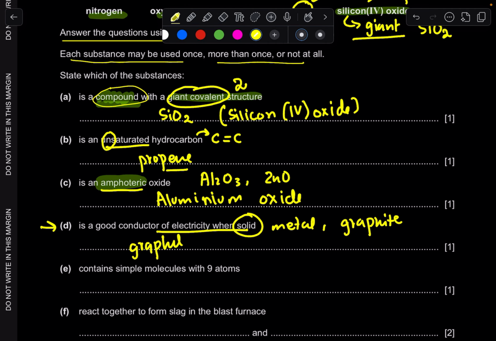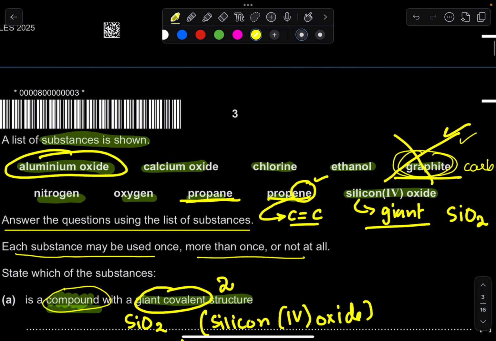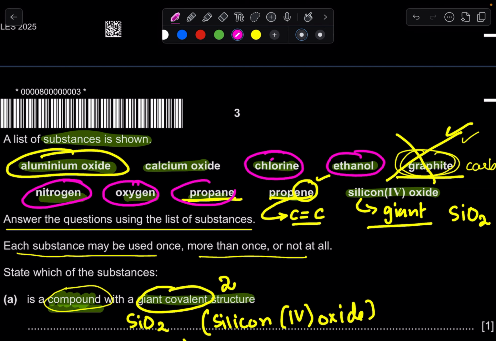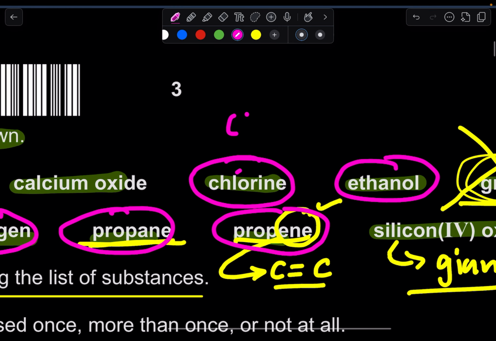Okay, contains a simple molecule with 9 atoms. Firstly we have to figure out simple molecules and then we have to find those that have 9 atoms. Chlorine is a simple molecule, ethanol is a simple molecule, then nitrogen is simple, oxygen is simple, propane is simple, and propene is simple. Okay, so the chlorine formula is Cl2. It has only 2 atoms.